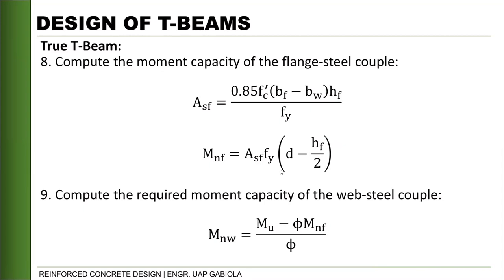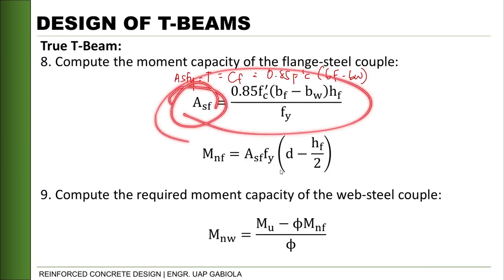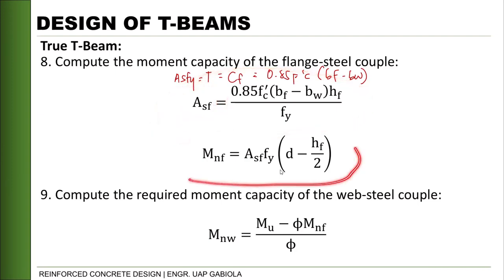We use the formula T equals C, wherein C is the compression of the flange, that is 0.85 f'c (bf minus bw) hf. And to get the area, we know that T equals As fy. So if we need As, we just divide both sides by fy. Hence this formula.